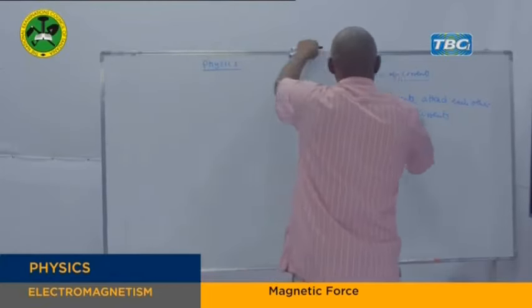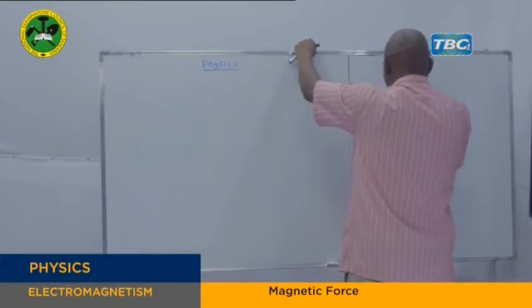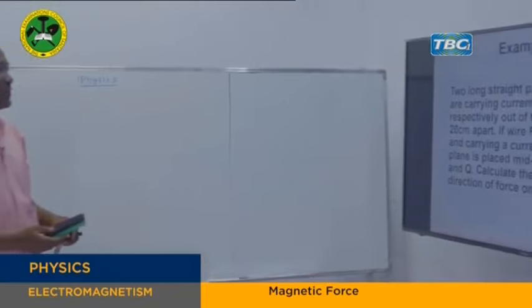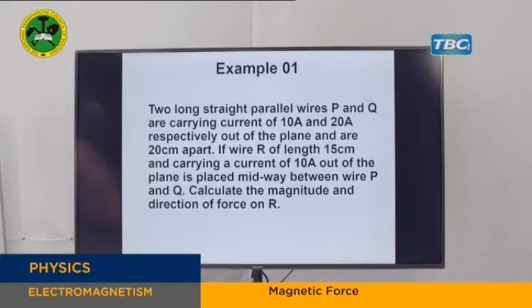Let's see our example number 1. The question says, two straight parallel wires, given the names P and Q, are carrying currents of 10 and 20 amperes respectively out of the plane and are 20 centimeters apart.